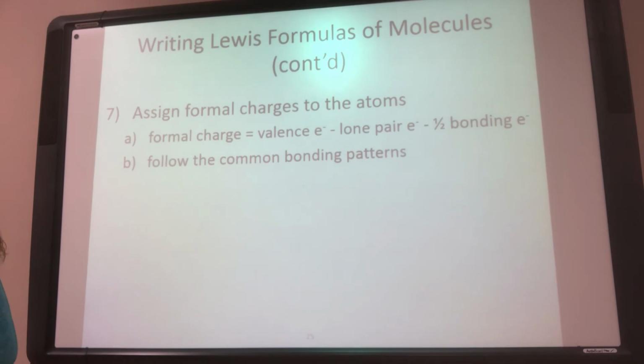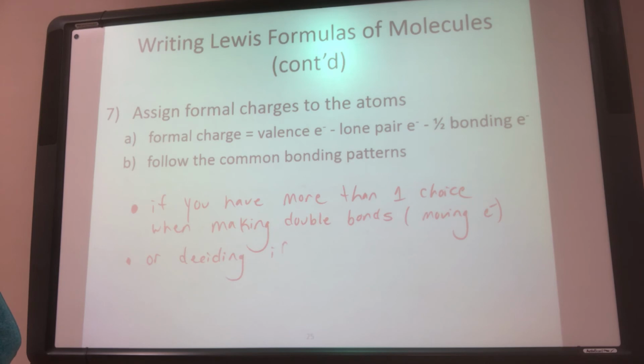So formal charge, if you have more than 1 choice when making double bonds, when we're moving electrons, or deciding if an atom does an expanded octet.